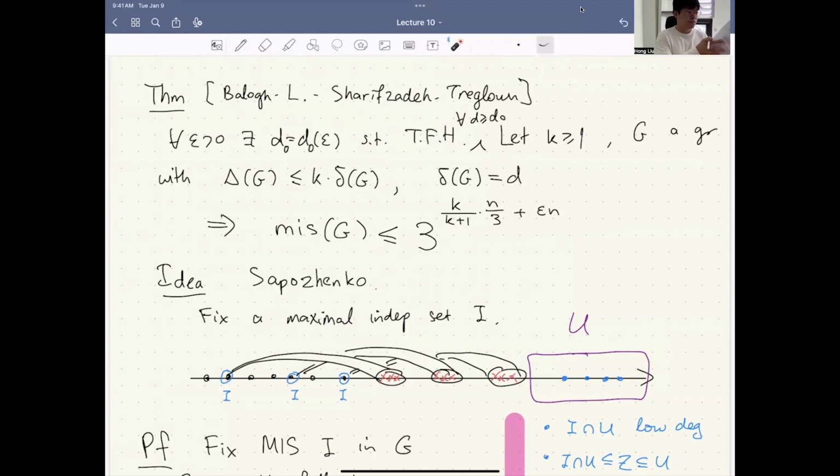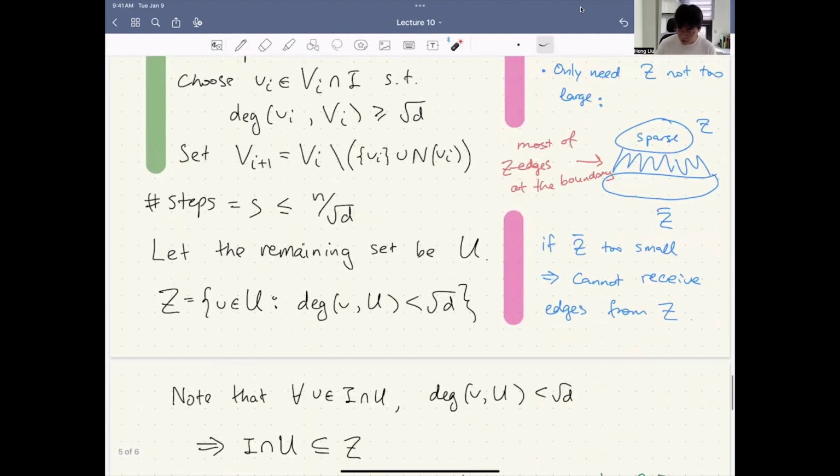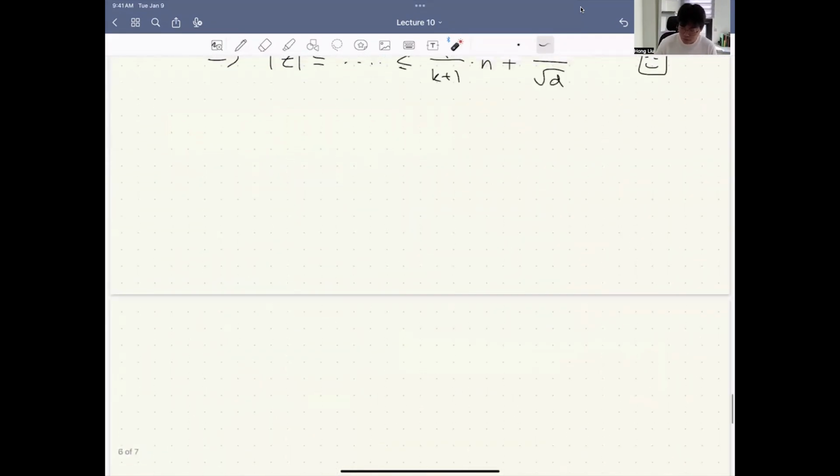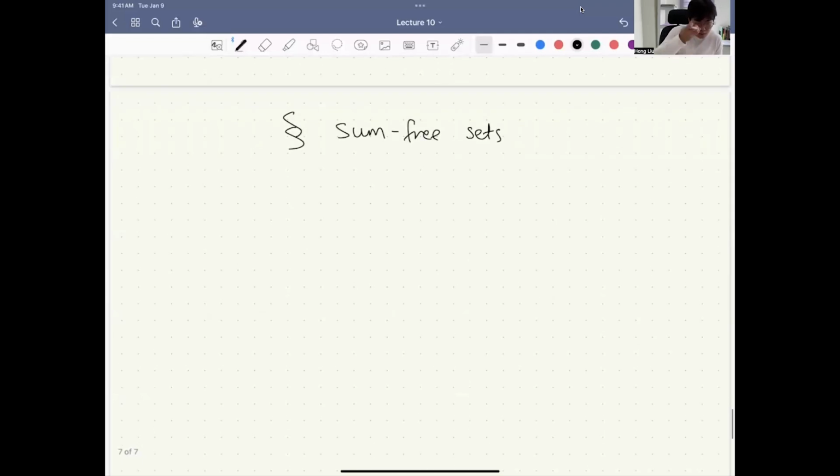What are sum-free sets? A sum-free set in integers, so we have a definition. A set of, let's just say the first n integers.